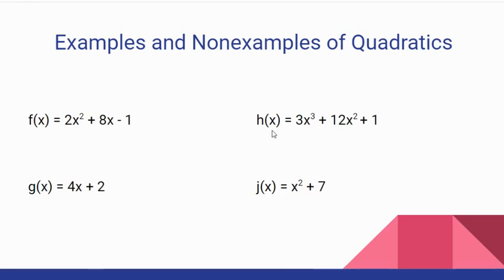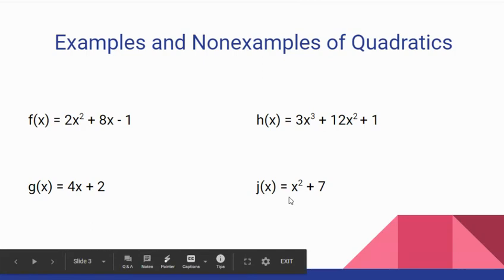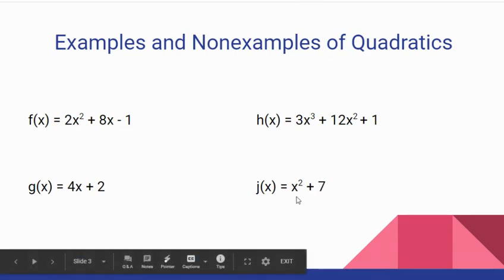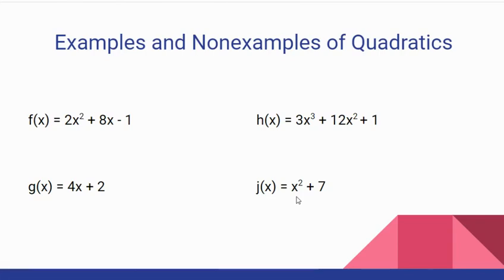Function h is also not a quadratic function. I do see a squared on the variable, but there is a higher exponent in the function. That means this is not quadratic. And finally, function j is a quadratic function. It has a squared on the variable, and there are no other exponents that are higher than a 2.